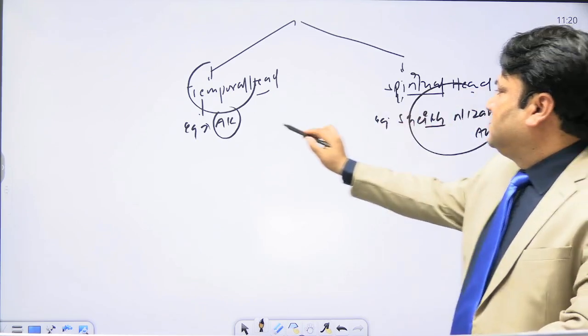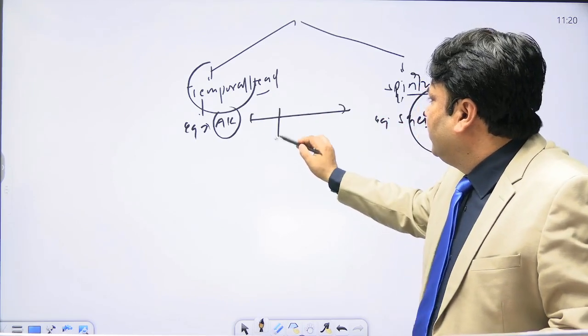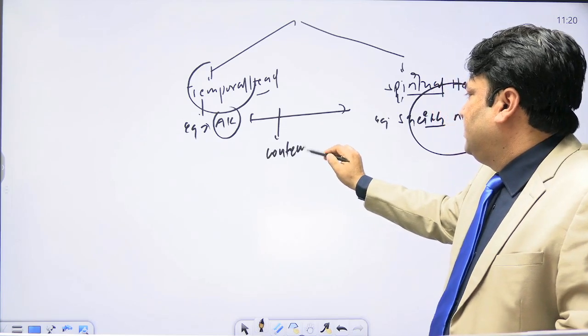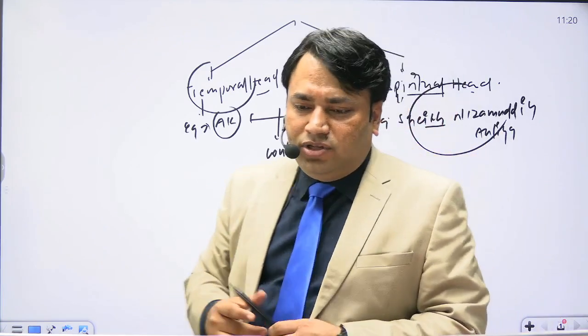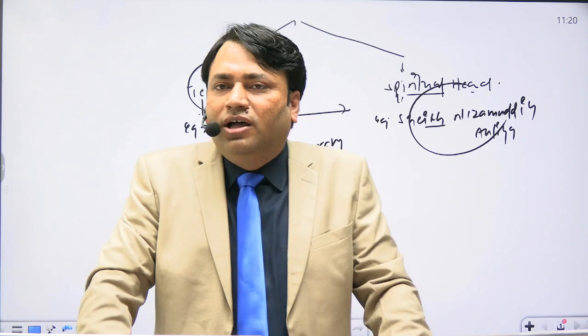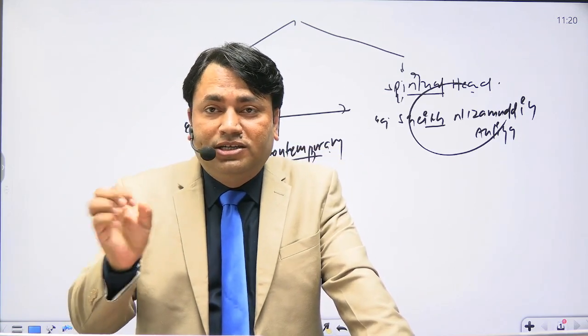The answer is that both of them were contemporary. Alauddin Khilji and Nizamuddin Aulia were contemporaries.